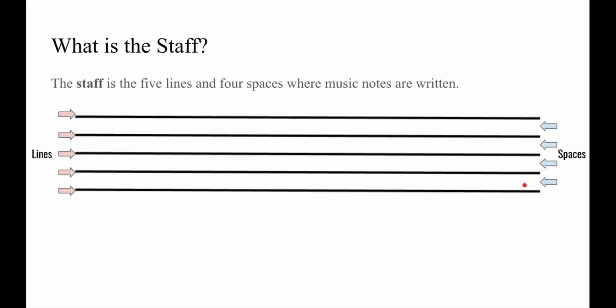We refer to these as spaces. So we have the lines and the spaces. And the way the staff works is each line and space represents a different note name. And musicians read music by memorizing what note name each line and space stands for.